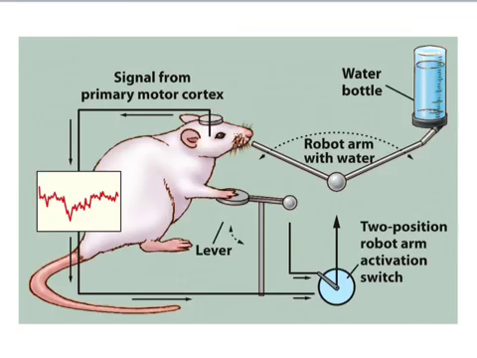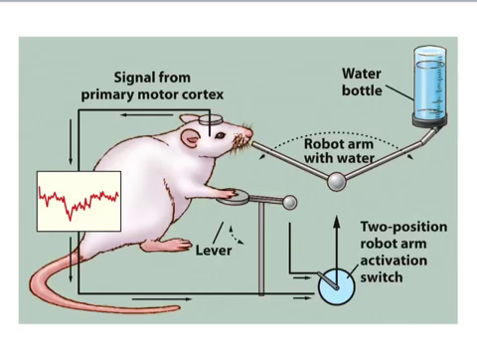Now the book has a number of other experiments that reiterate this idea, but this is where it gets kind of neat and where you find applications. They trained this animal, this rat or mouse, to press a lever to control this robot arm that then produces water for the rat.